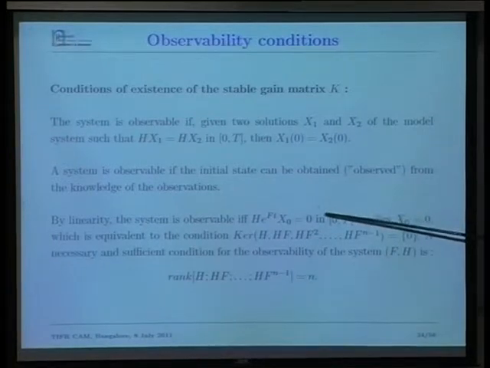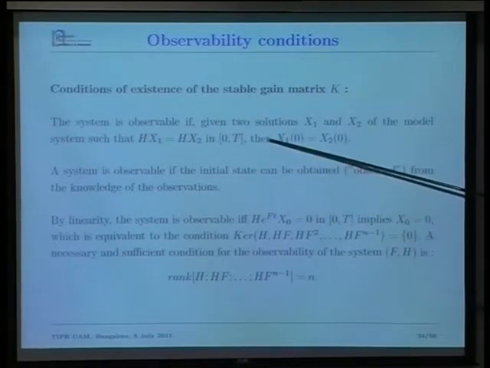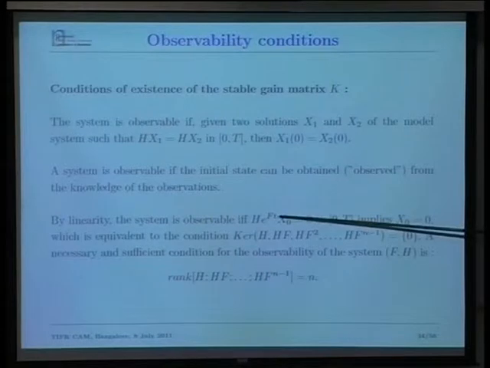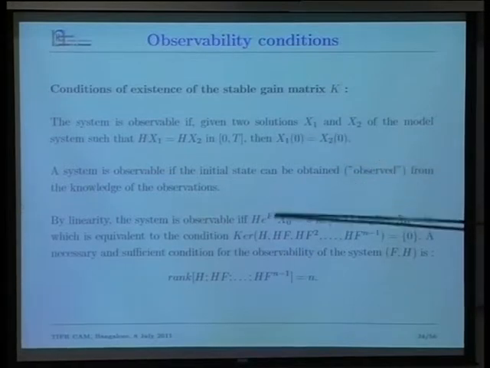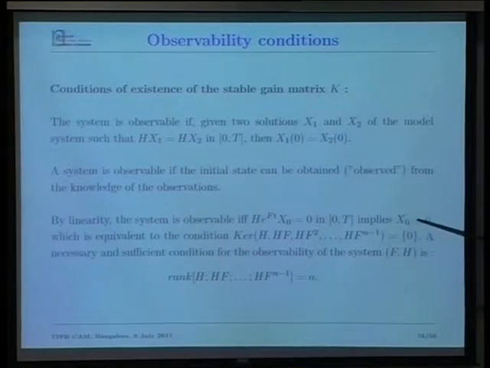The system is observable if and only if the solution at time t is exponential of Ft x0, and then you observe it, so you have H exponential Ft x0. You take the difference x, here the difference between x1 and x2. So if this observation is equal to 0 at any time, then the initial condition has to be 0. It cannot be something else than 0. This is the observability condition.